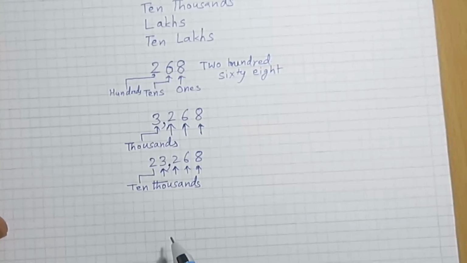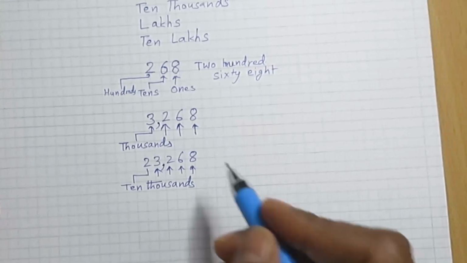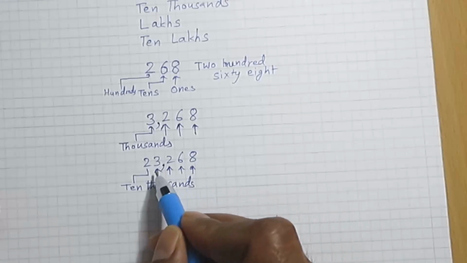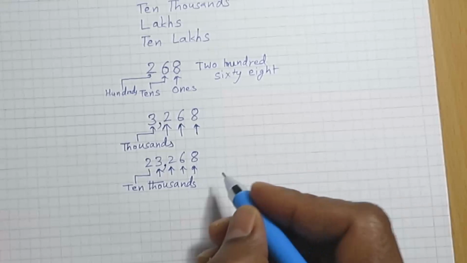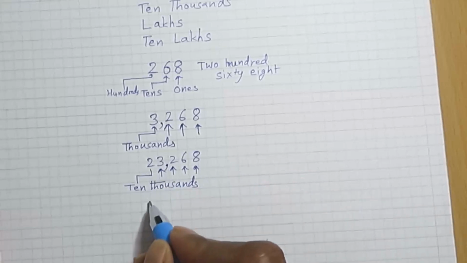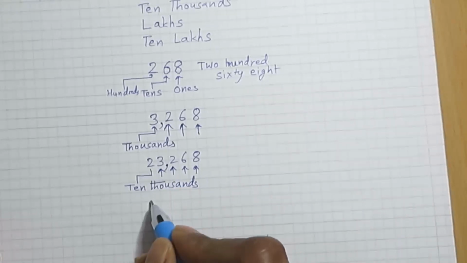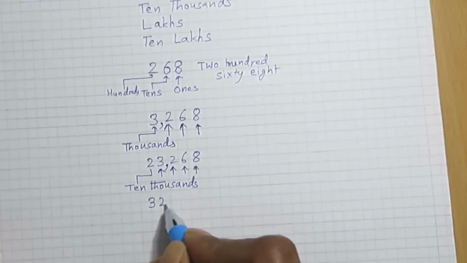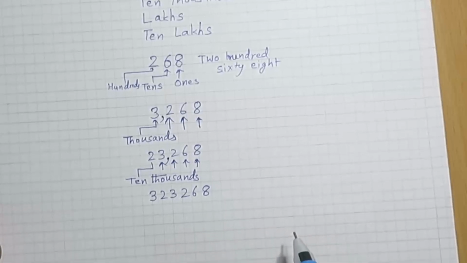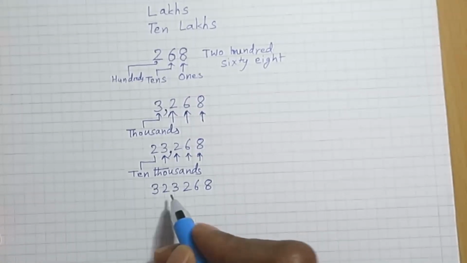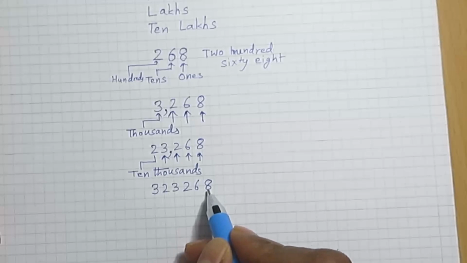Okay. Now, if we go further up, what will happen? Let me give one more. 3 here: 3, 2, 3, 2, 6, 8. Okay, this is a much larger number.